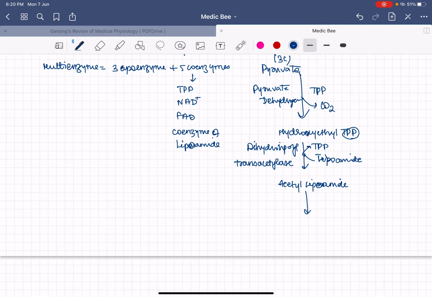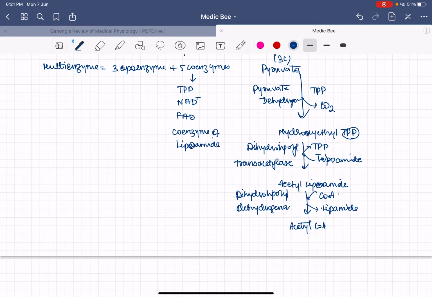So what is the next step? Acetyl lipoamide will be converted to acetyl CoA, with release of lipoamide and entry of coenzyme A, which is catalyzed by dihydrolipoyl dehydrogenase.